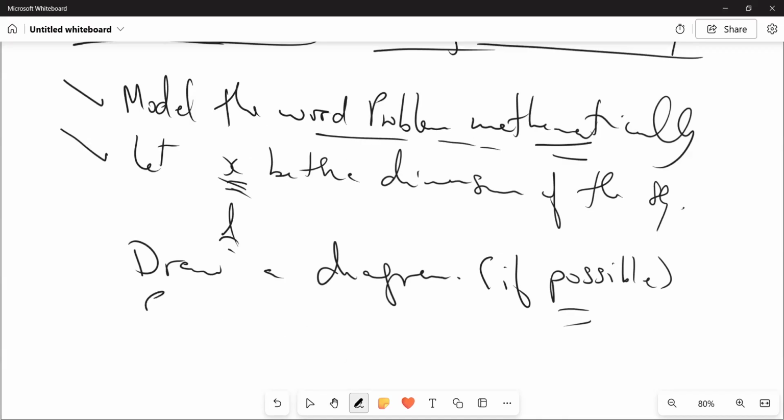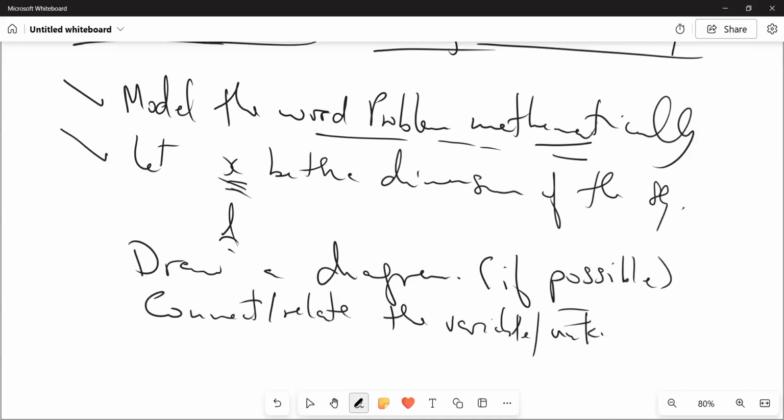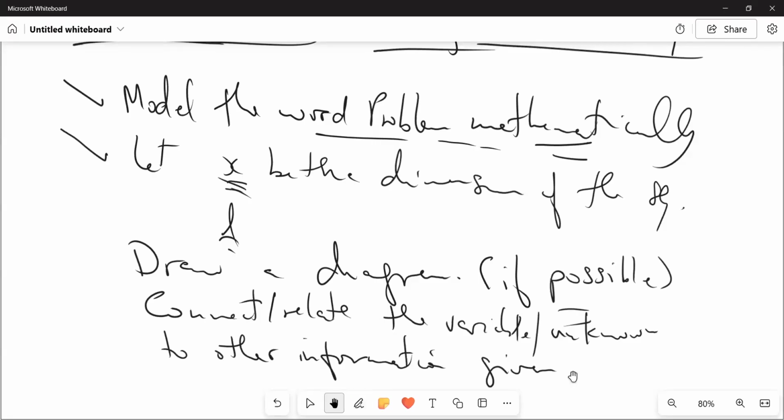You would want to connect or relate the variable or unknown to other information given. So the diagram could help you.